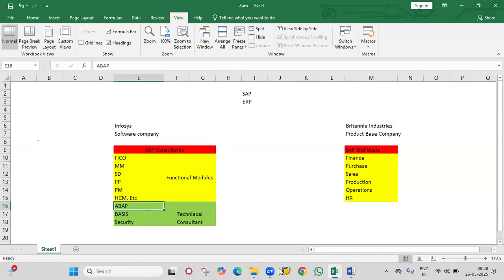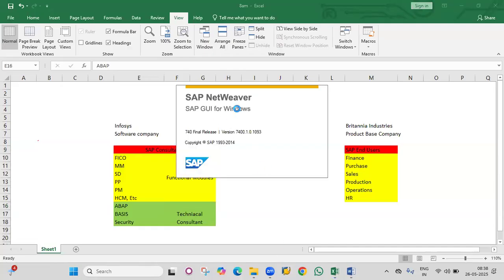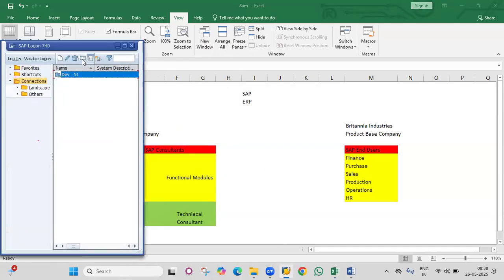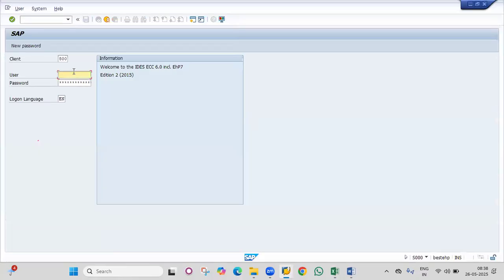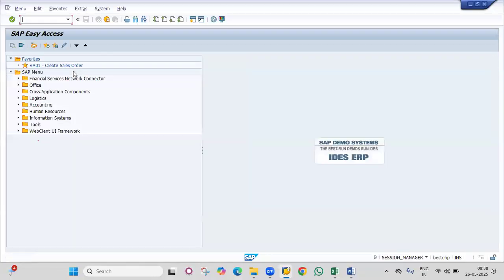Before closing, I would like to show you the SAP system. I'll just connect to the SAP system. This is how our SAP system will look.